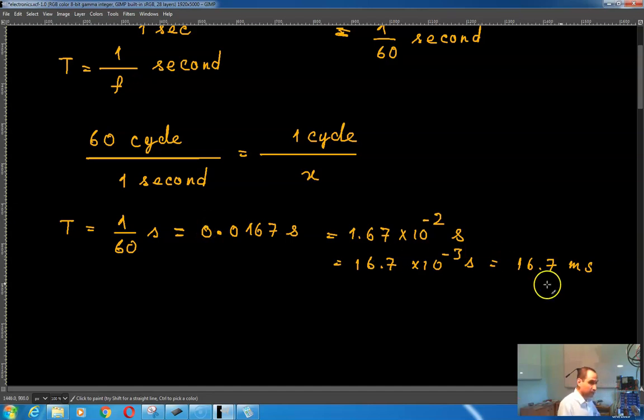Or for example, let's say that you want to calculate the period of a sine wave with a frequency of, for example, 12.5 kilohertz, right? 12.5 kilohertz.